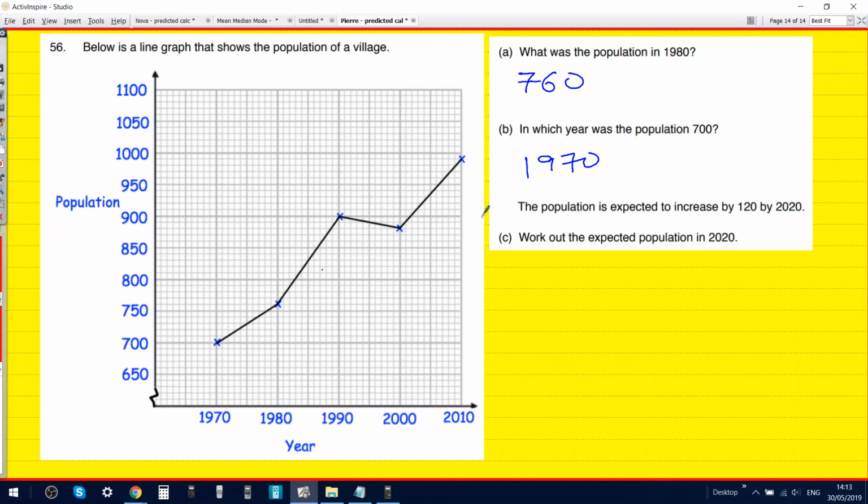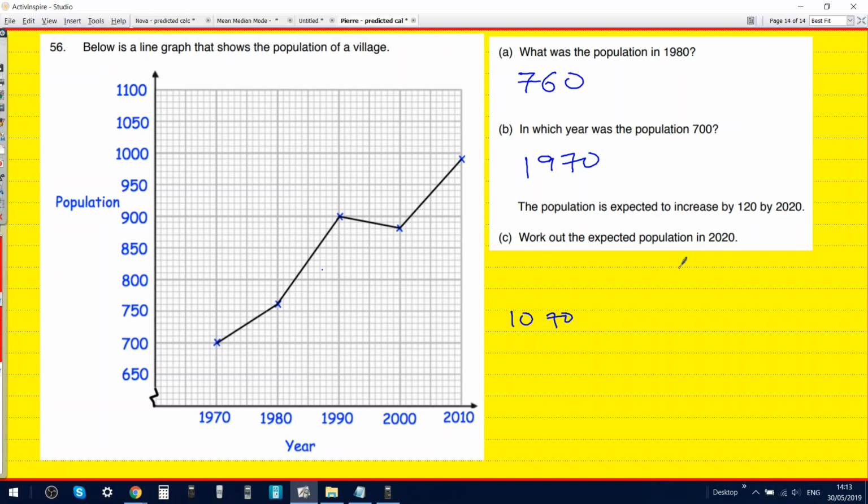What is it currently? 1050. 1070. So 1070. Is that to increase by 120? So what is the last known population?